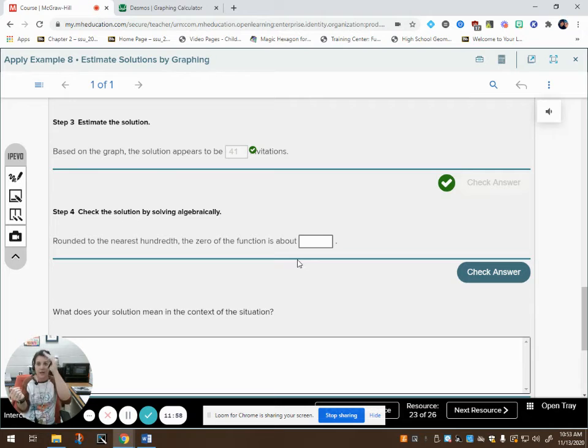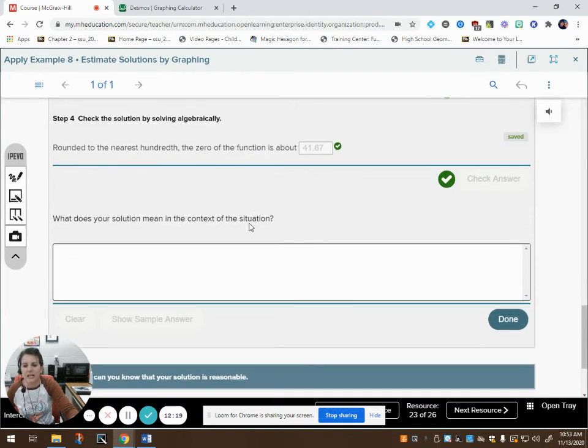You don't know how to go down 0.96, right? That's horrible. So if we round it to the nearest hundredth, the zero of the function is about 41.67. But again, you're not going to know that because you can't tell that by looking at the graph.